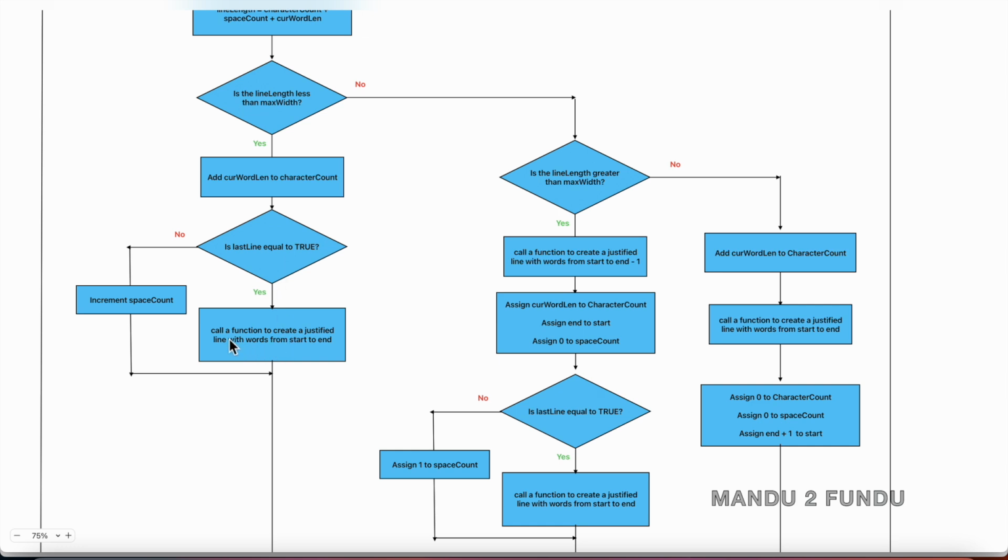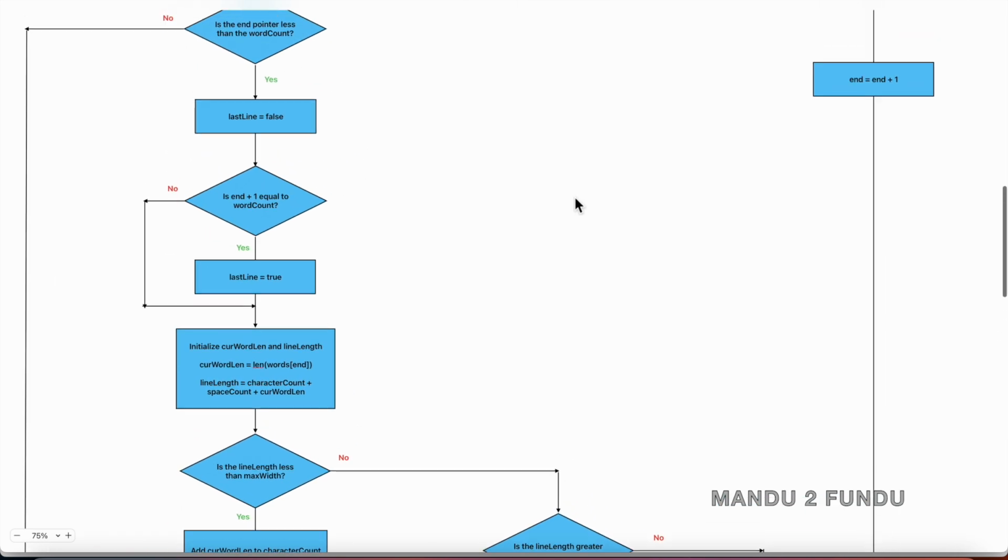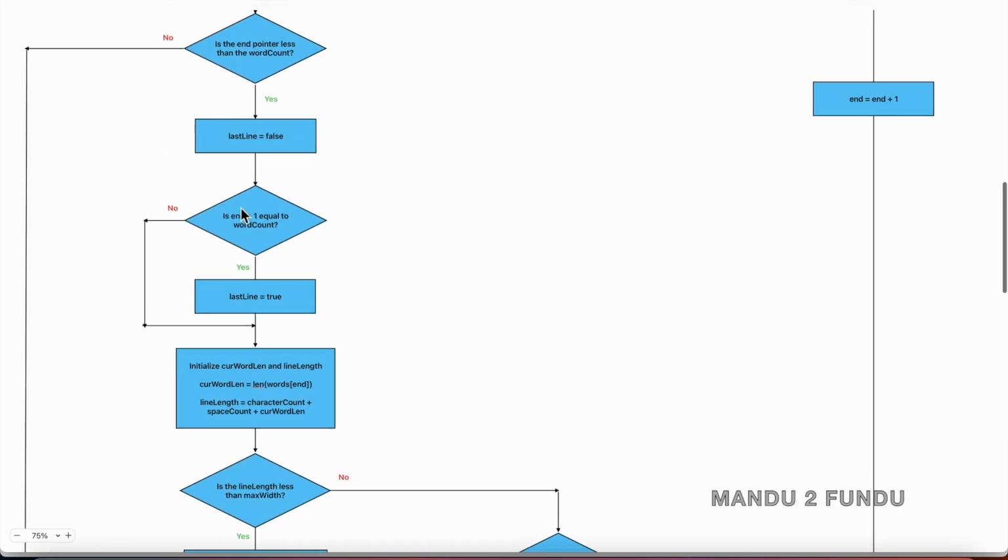In that case, we have to call the create justify line function to create a justified line with the words starting from the start pointer to the end pointer. Otherwise, we increment the space count because we have to add a space after the current word. So that's why we increment the space count. Okay, then we increment the end pointer and process the next word.